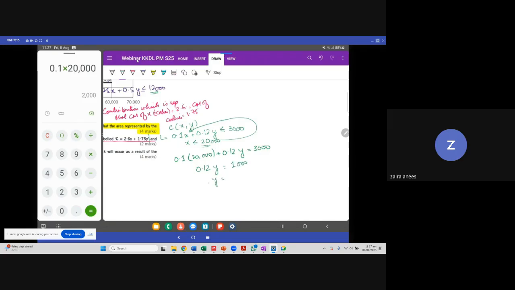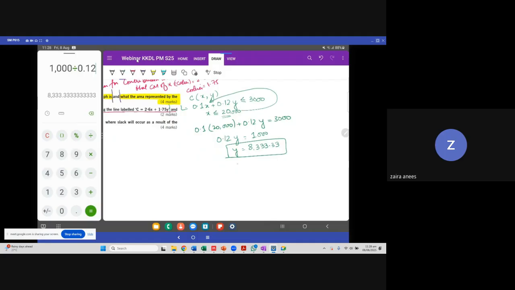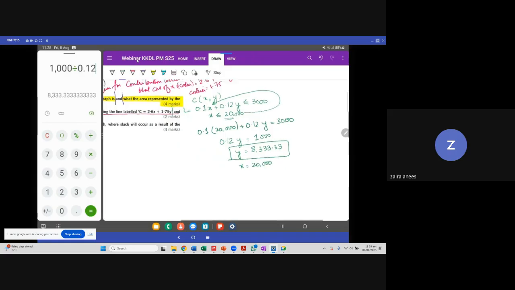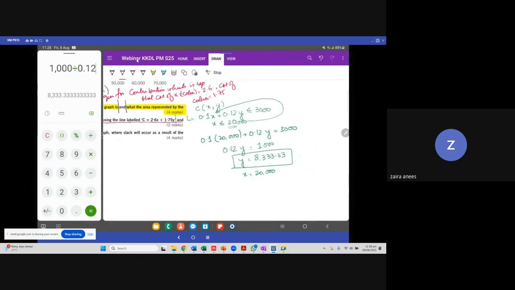And y will be equal to 1,000 divided by 0.12, which is 8,333.33. Since the examiner didn't say that you have to round it to a whole number, we will keep it as it is. And what will be the value of x? x will be equal to 20,000. So at this point, if we manufacture 20,000 units of x and 8,333 units of y, we will get the best solution.